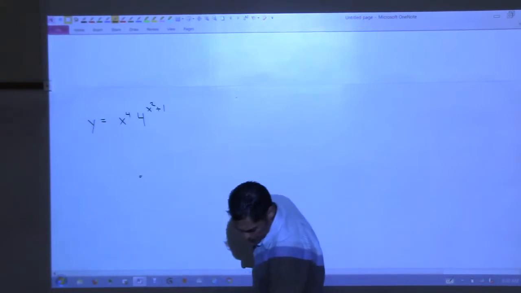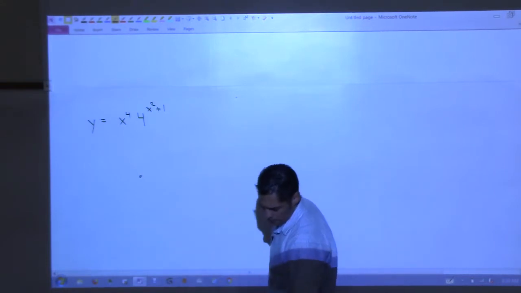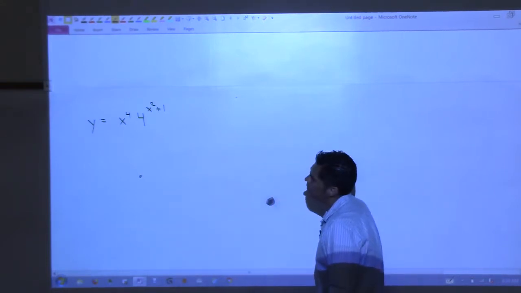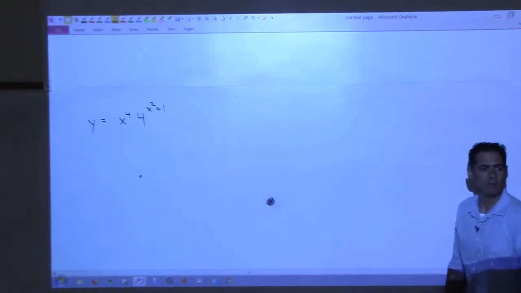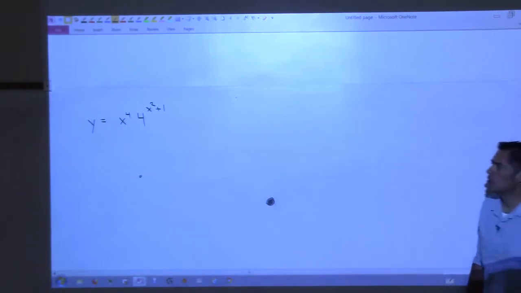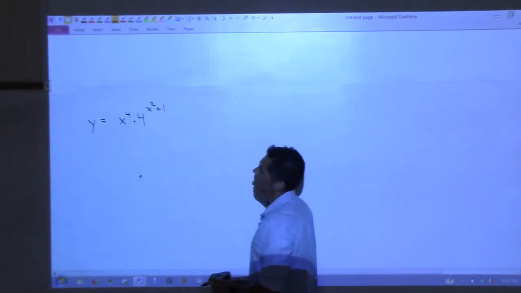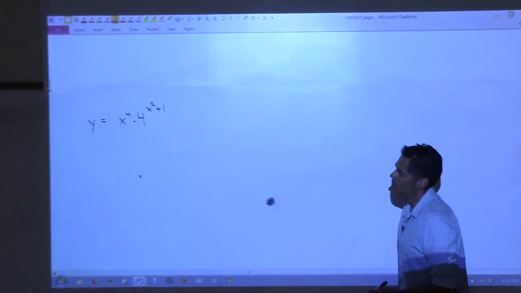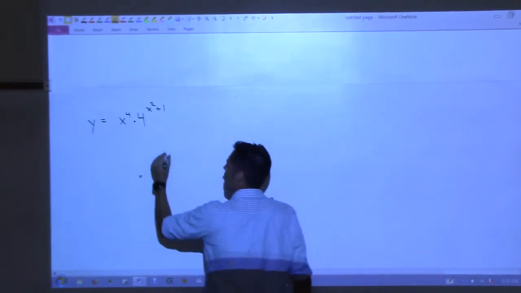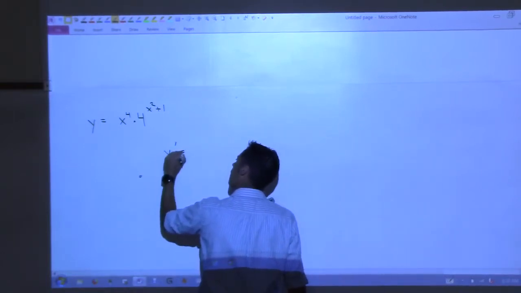That just looks weird. That's why I wanted to do this one. Can you see what's happening here? It'll be a product rule. The product is occurring right here. So what would the derivative of this be?